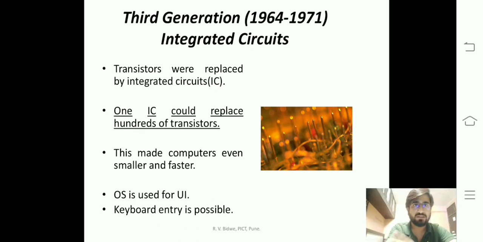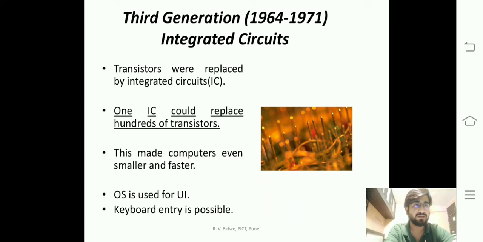Okay, but in the third generation of computers, when ICs were introduced, UI was possible. And to display UI, an operating system was used. So from the third generation we were having UI and an operating system.